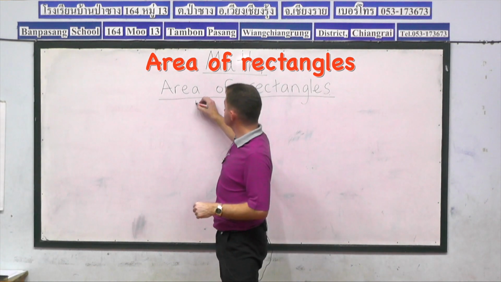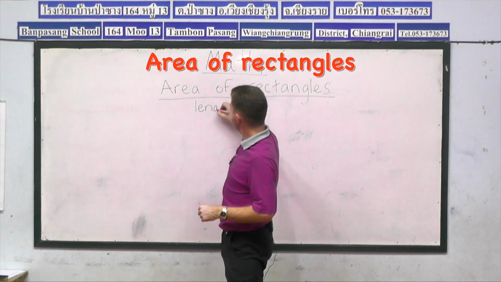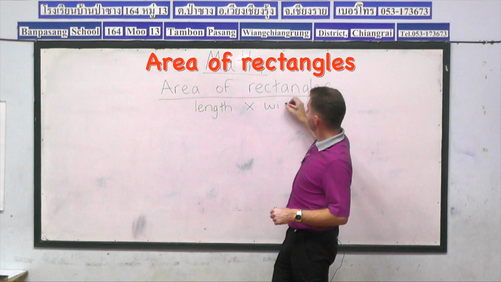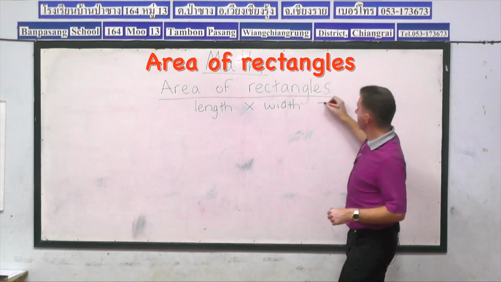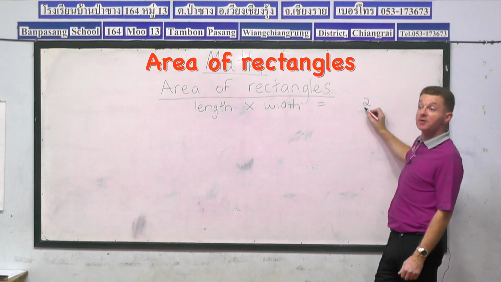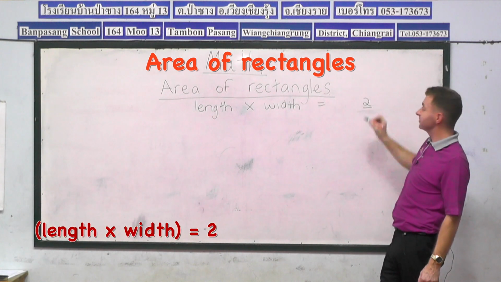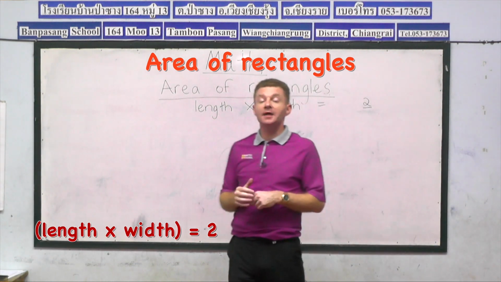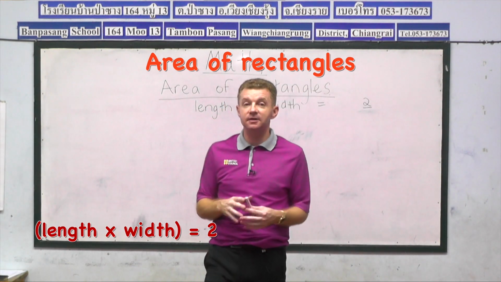It's always length times width. And then remember, whenever we have an answer, we always end it with the number 2, because this represents the area squared.